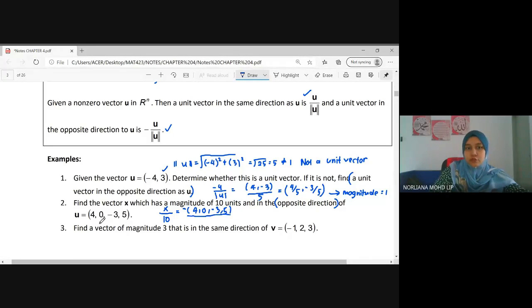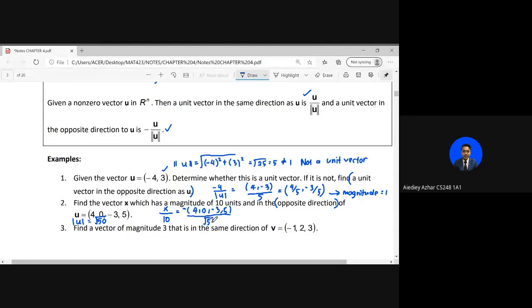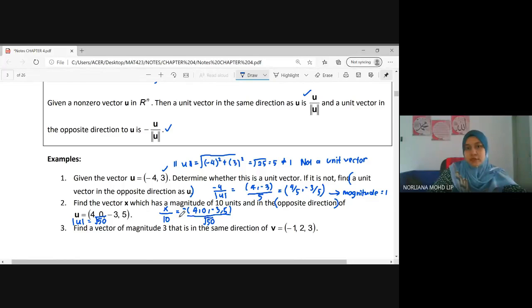The magnitude of u is the square root of 50: 4 squared plus 0 plus negative 3 squared plus 5 squared, so 50.